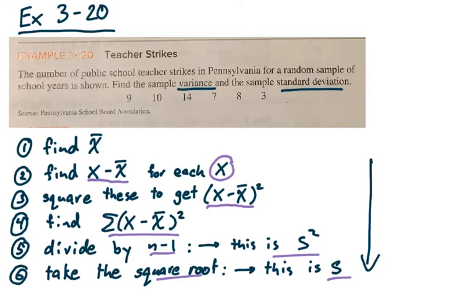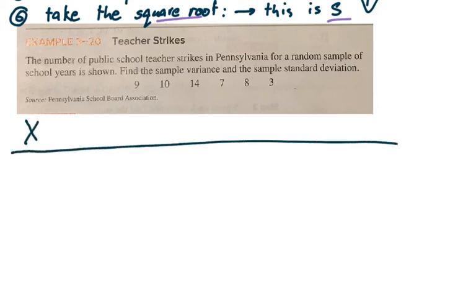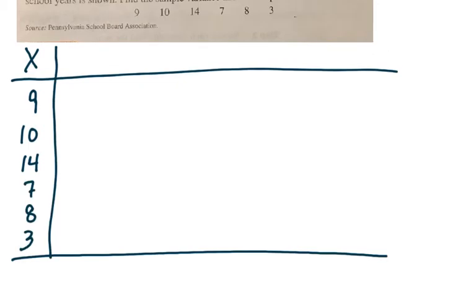We're going to do that whole process, essentially like we had done in the previous video. All right, so I'll just scoot the data on down here so that I can copy it down. So the x values are 9, 10, 14, and then 7, 8, 3.